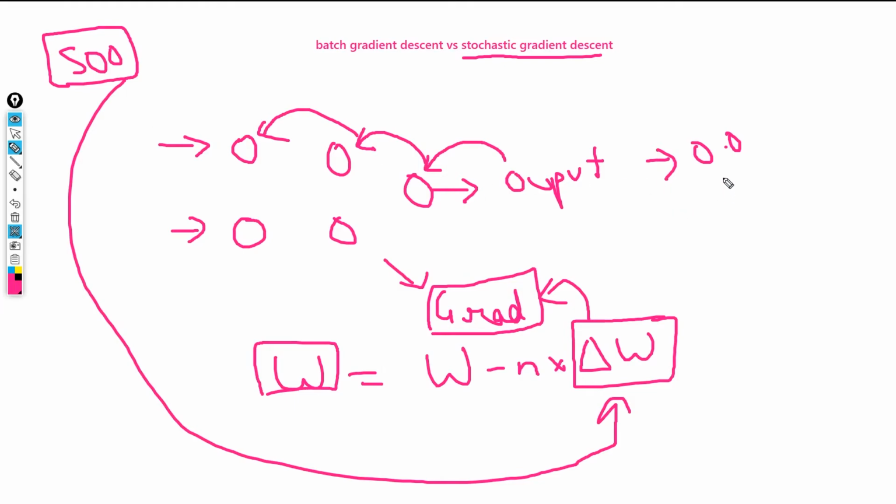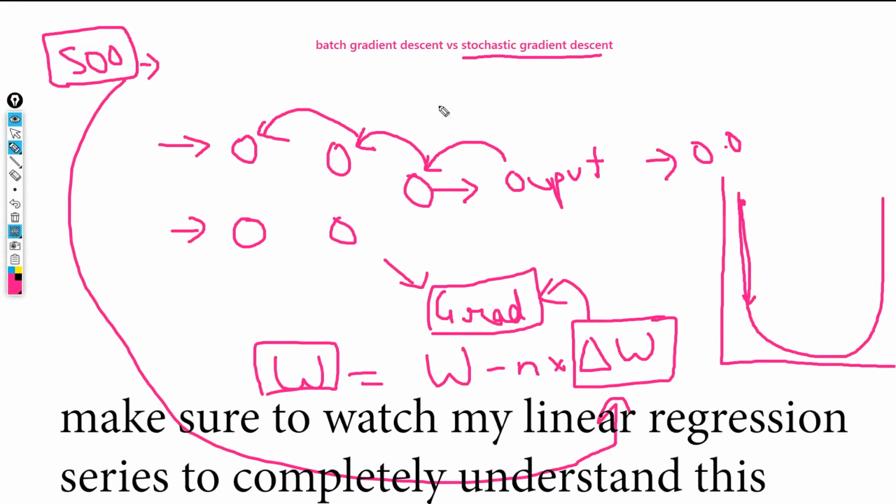If you remember my linear regression series, in which I told you how gradient descent works. Let's suppose we have only one example, so it is possible that we will move from here to here with just one example. But as we have 500 examples, we will take the general idea.